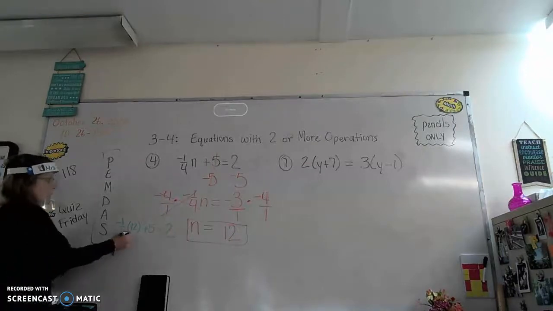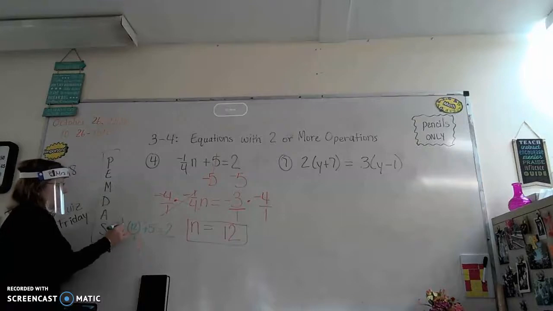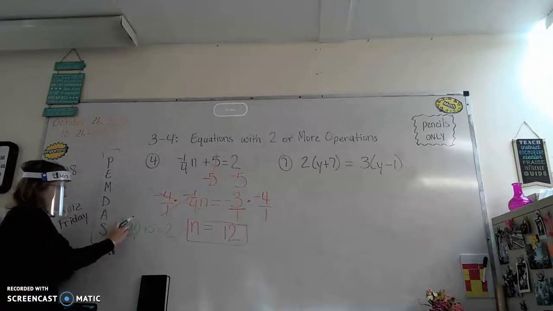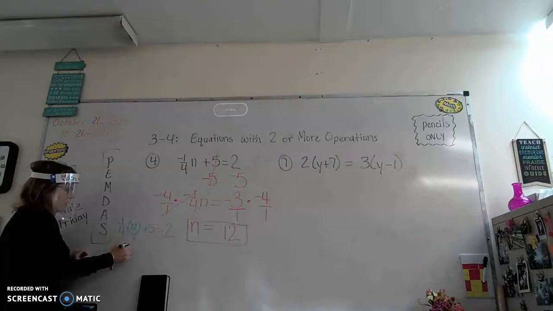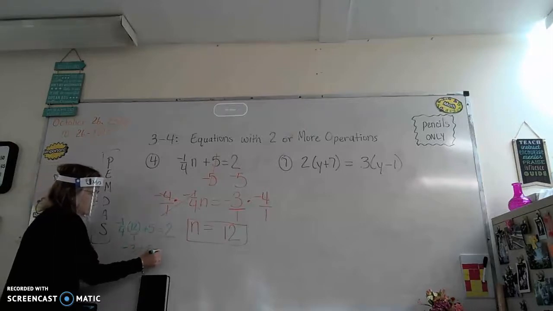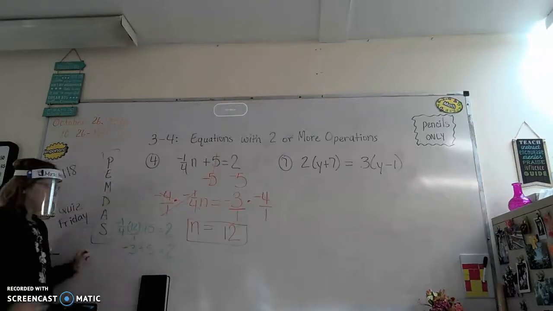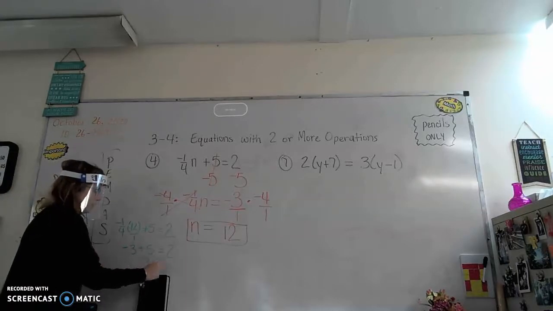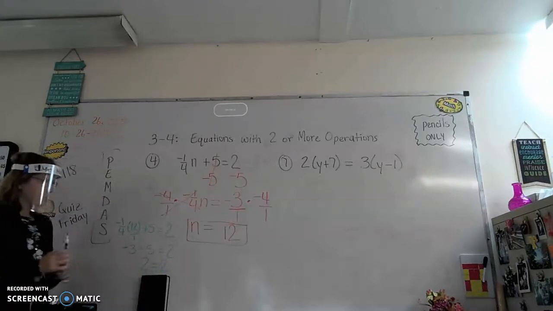Remember, you have that invisible 1, so you can just multiply the top numbers and multiply the bottom numbers. Negative 1 times 12 is negative 12, over 4, which equals negative 3. Plus 5 equals 2, and negative 3 plus 5 is 2. So we got it.